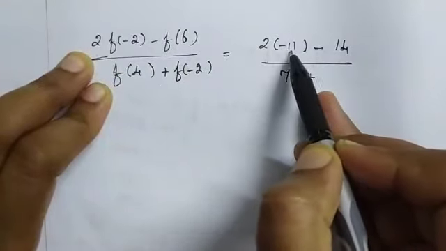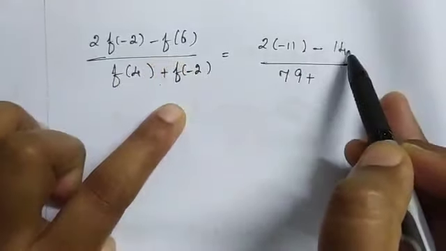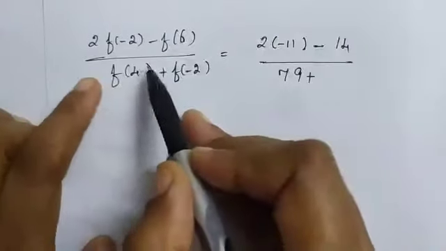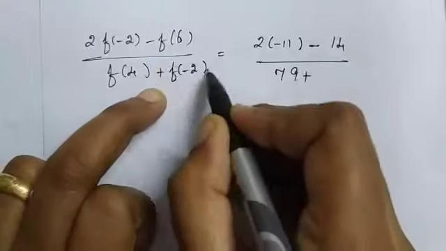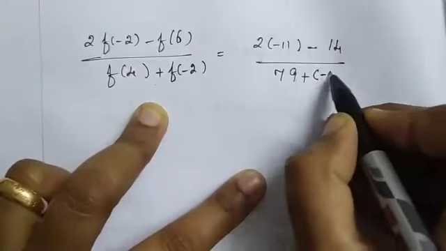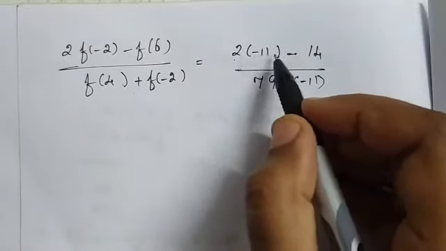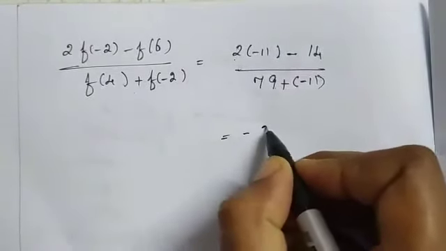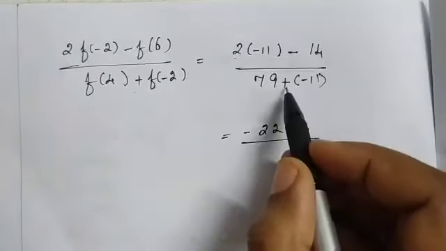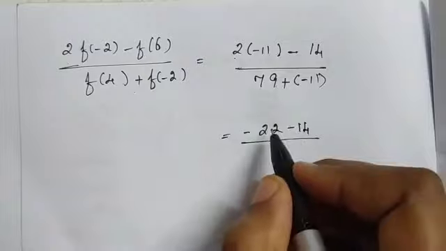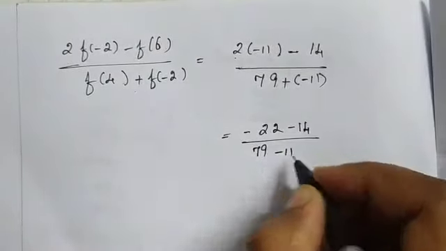Therefore, 2 into minus 11 minus f of 6, which is 14, divided by f of 4, which is 79, plus f of minus 2, which is minus 11. Here 2 into minus 11 is minus 22, minus 14, divided by, here you have a continuous sign, therefore change it into 1, that is plus into minus, minus 11.